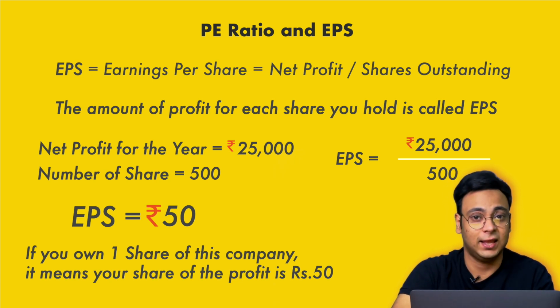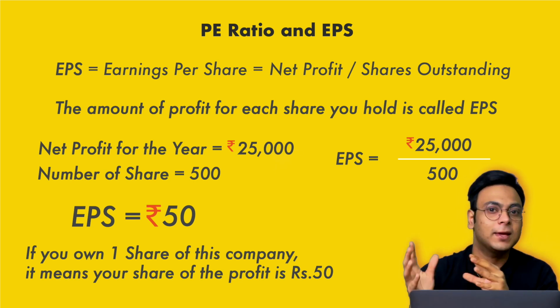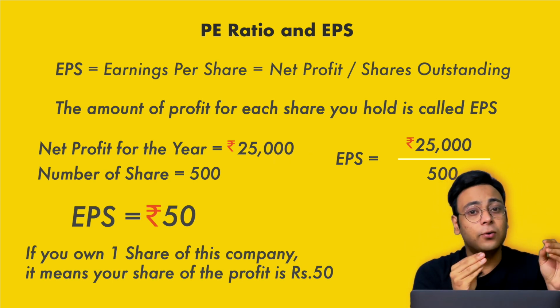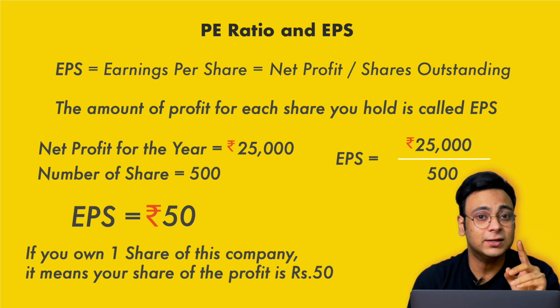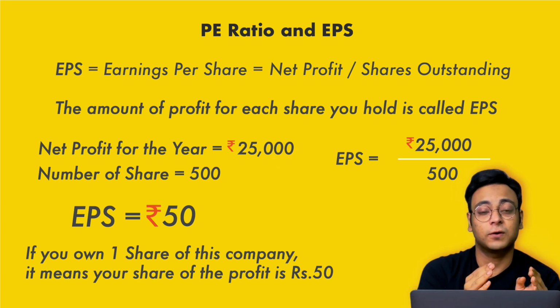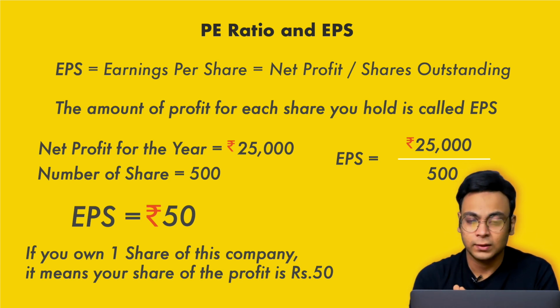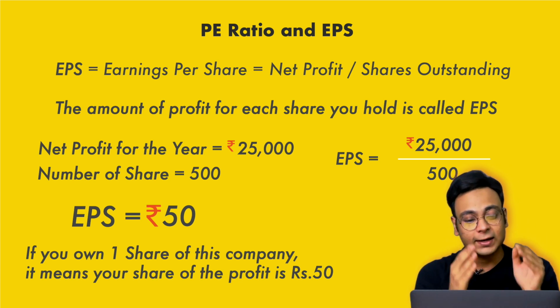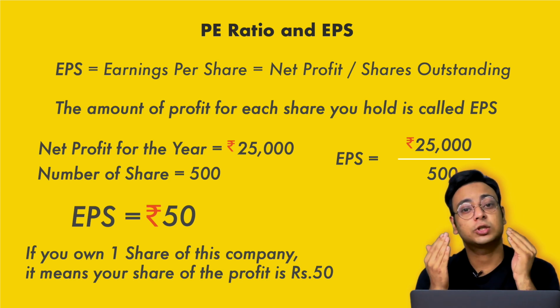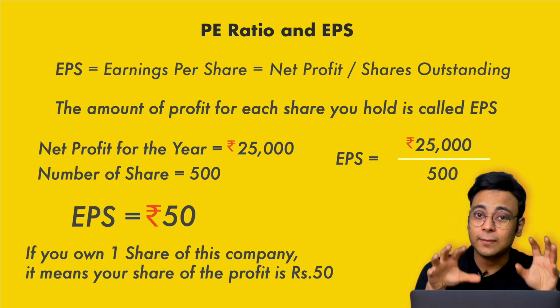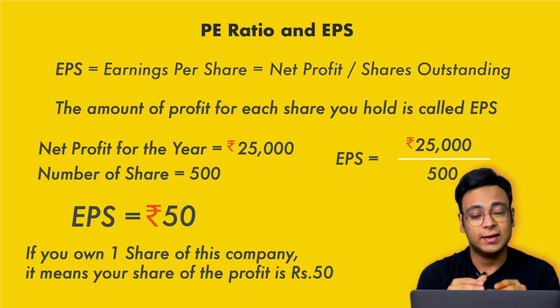The amount of profit for each share you hold is called EPS. Let me explain this again. A company makes profit, right? The amount of profit if you hold a single share of a company is what we call earnings per share, that is EPS. Let me give you an example. Let's say net profit of a company is 25,000 and the number of shares in that company is 500.